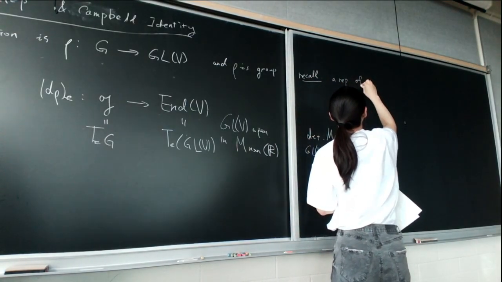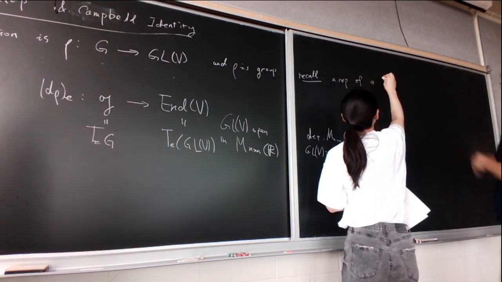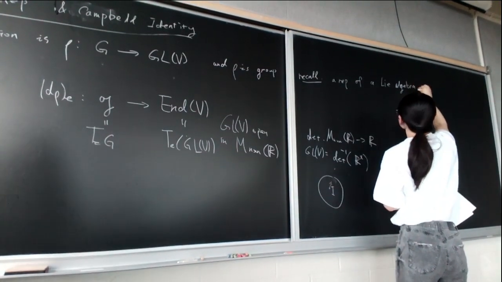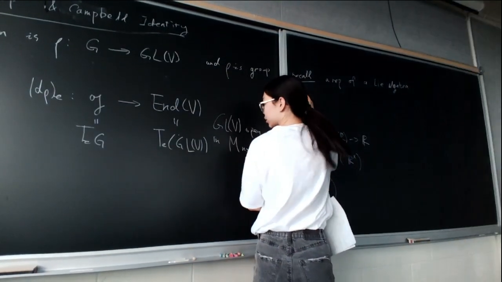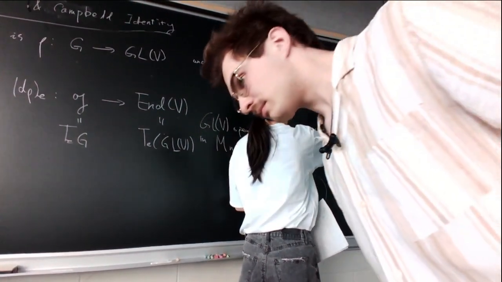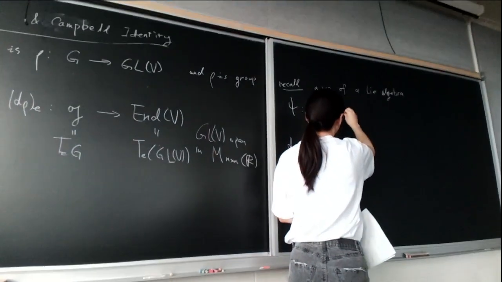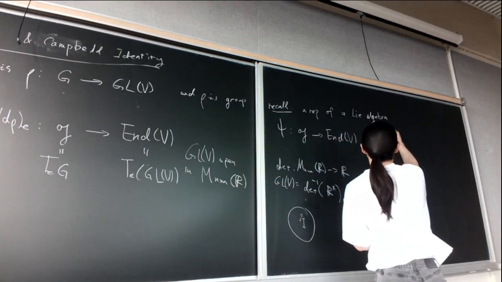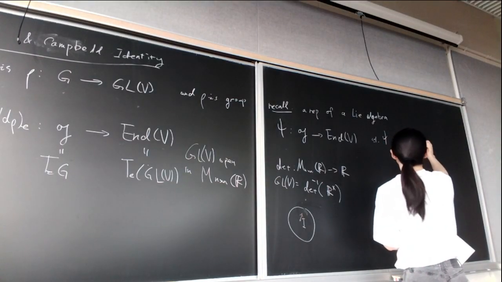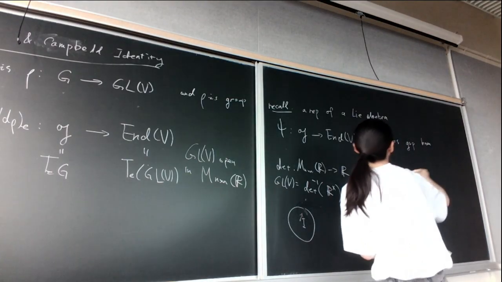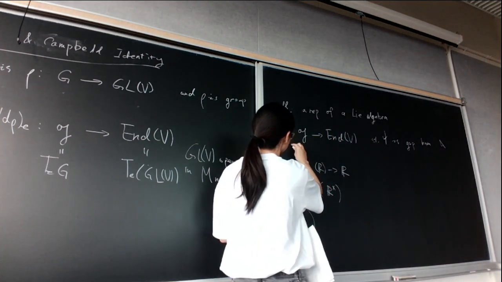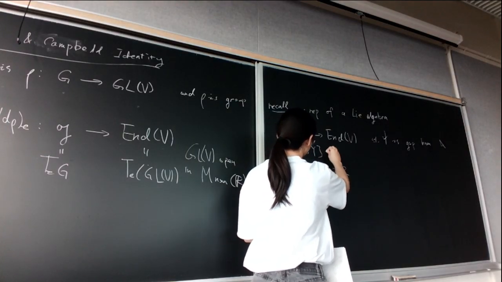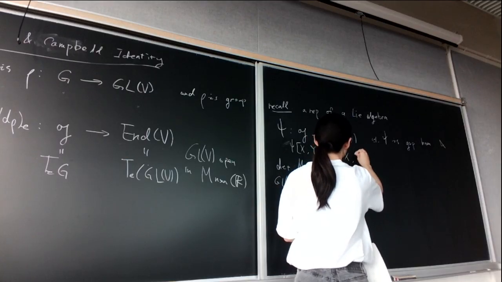A representation of a Lie algebra is a map, I'm going to use phi, from the Lie algebra to endomorphisms on V, such that phi is a linear map, and phi respects the Lie bracket, which is phi of [x, y] is equal to the Lie bracket of phi(x) and phi(y).